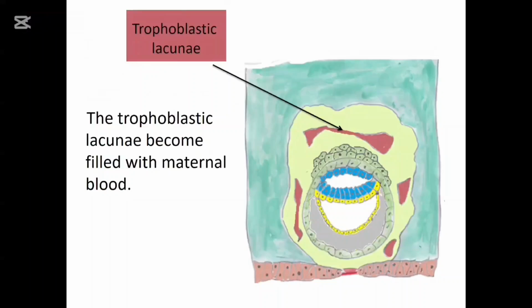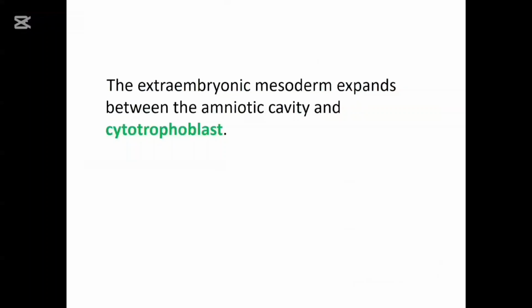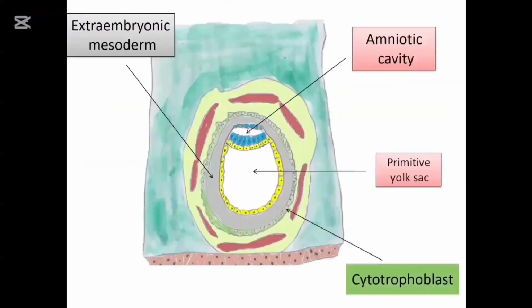And the trophoblastic lacunae will become filled with maternal blood. The extraembryonic mesoderm expands between the amniotic cavity and cytotrophoblast. Look, complete expansion of the extraembryonic mesoderm.